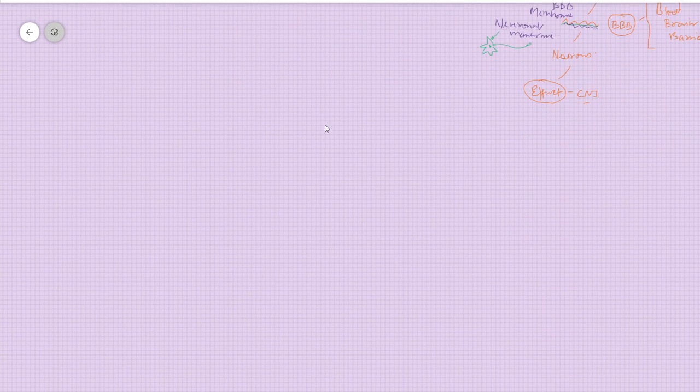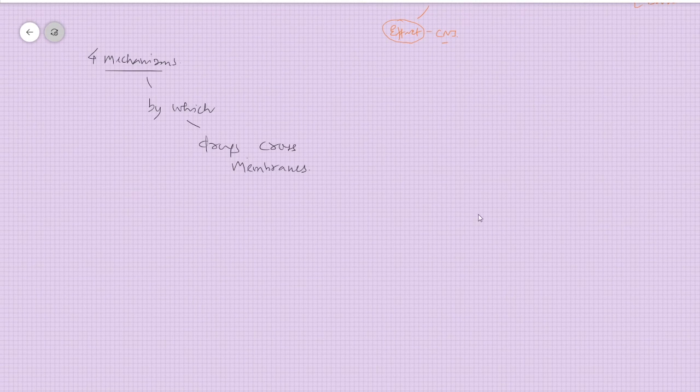So there are four mechanisms by which drugs cross membranes. What those four mechanisms are is what we're going to learn now. For that we need to draw a diagrammatic representation of the membrane.